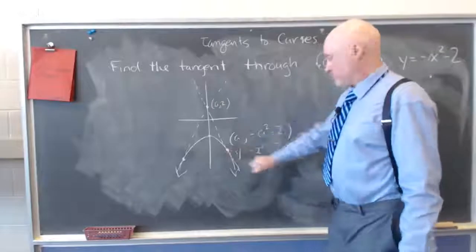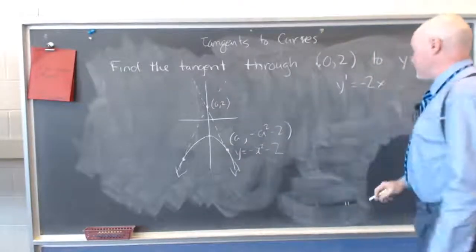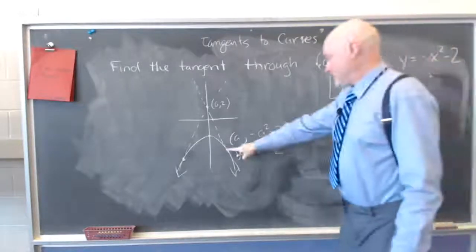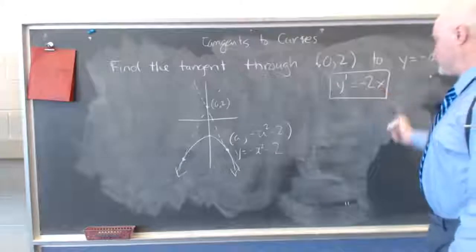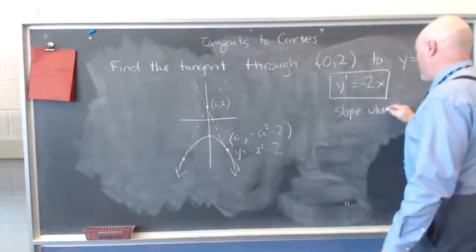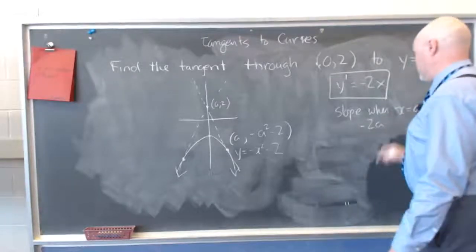We have to find the slope of this tangent, so let's find y prime, negative 2x. So whatever A is, we're going to put it into this, and so the slope when x equals A is negative 2A.